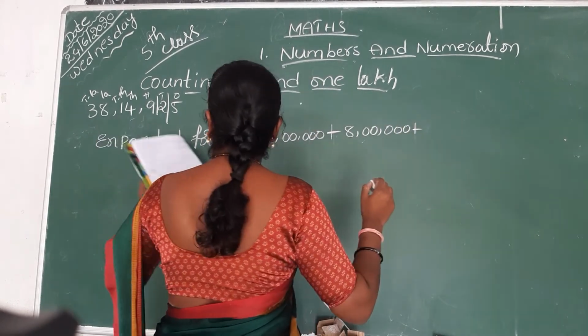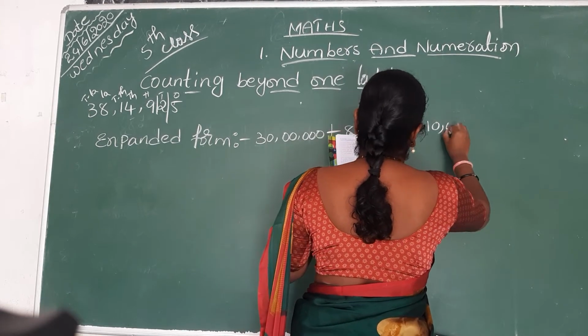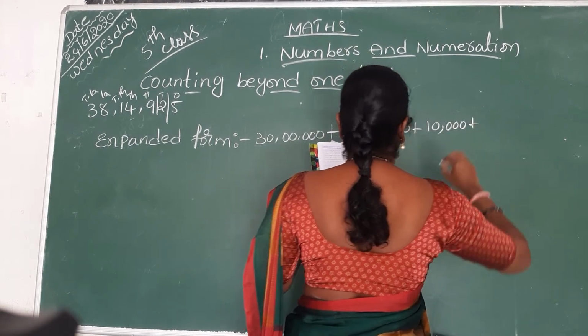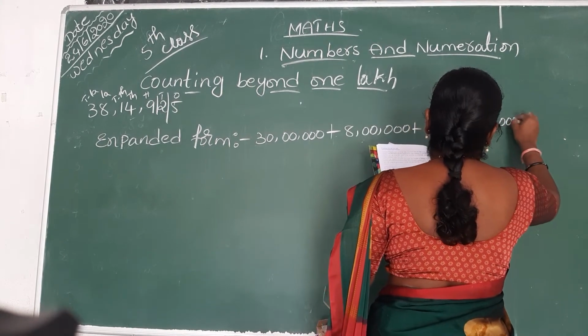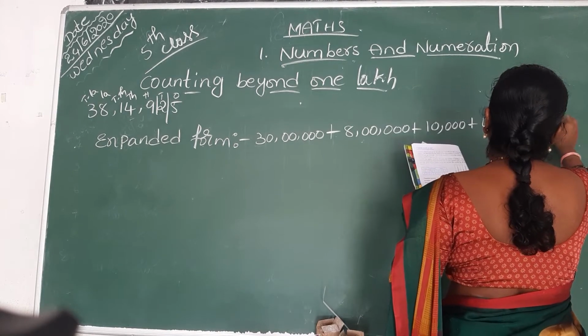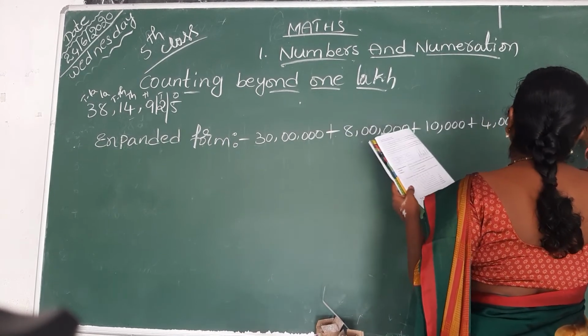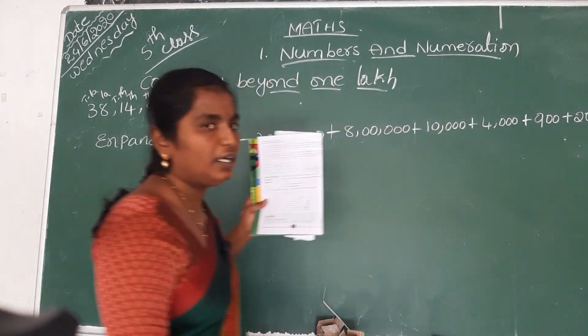After 8, 1. 1 is in 10,000s place. 10,000s. Thousands means 3 zeros. After that 4. 4 is in thousands place. 3 digits. Next after that 9. 9 is in hundreds place. 2 zeros. Next 2 is in tens place. 20. Plus 5 is in ones place, so I wrote here 5.